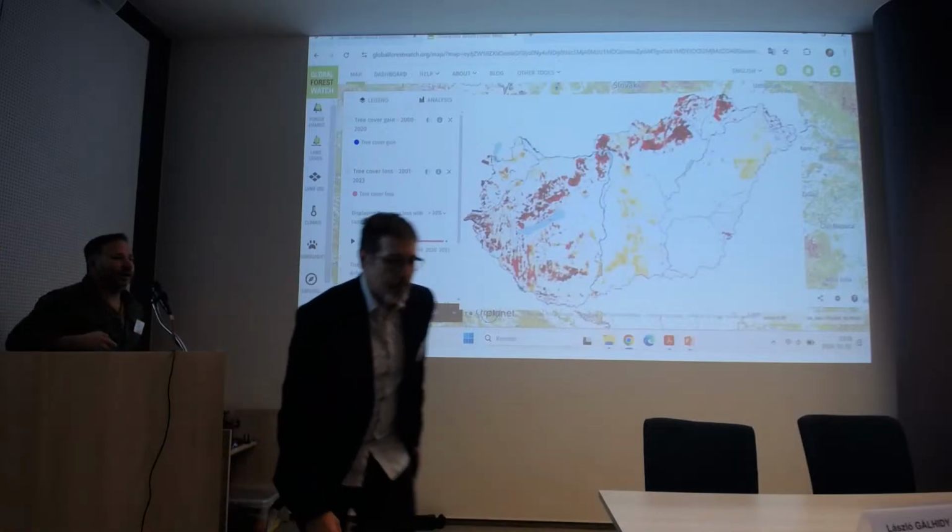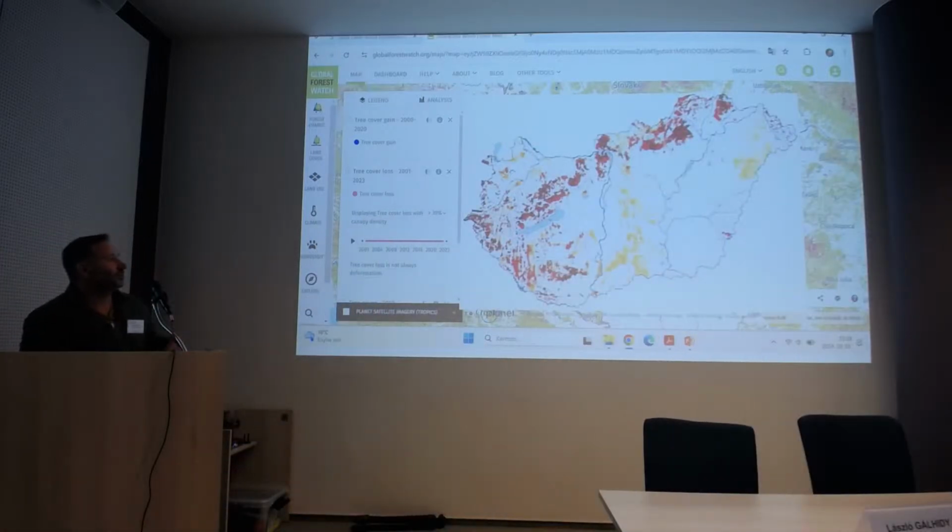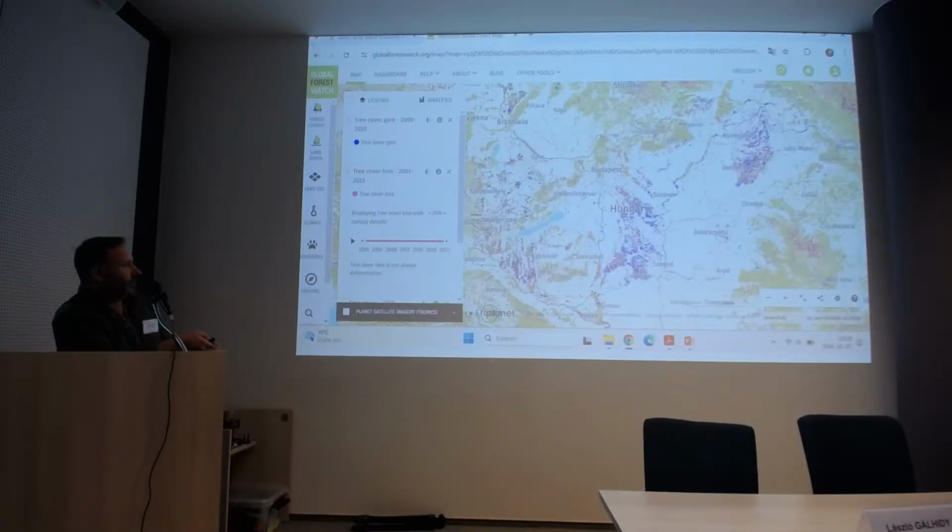So I just tried to place over this map, which is a kind of official map on these categories, over the Global Forest Watch map. That was an old version that I found, and if you focus on the yellow dots, you will see the representation in the Global Forest map.